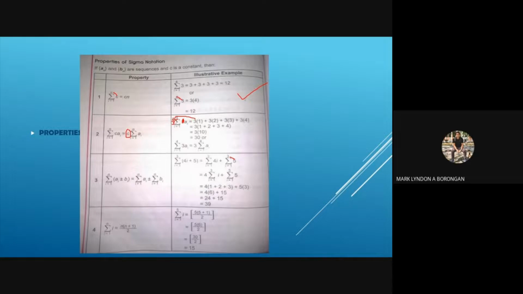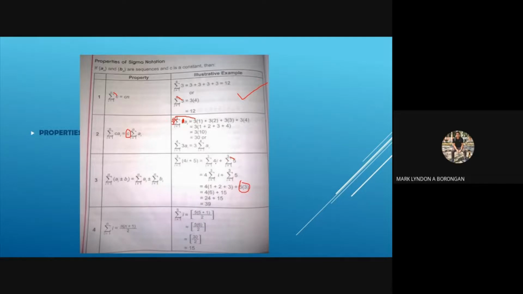Property 1 is just multiplying the constant to our upper limit. So 5 times 3 is automatically 15. We can already determine that here, because it is just a constant with no variable beside it. You just multiply directly by the upper limit. That's all. So it becomes 5 times 3.